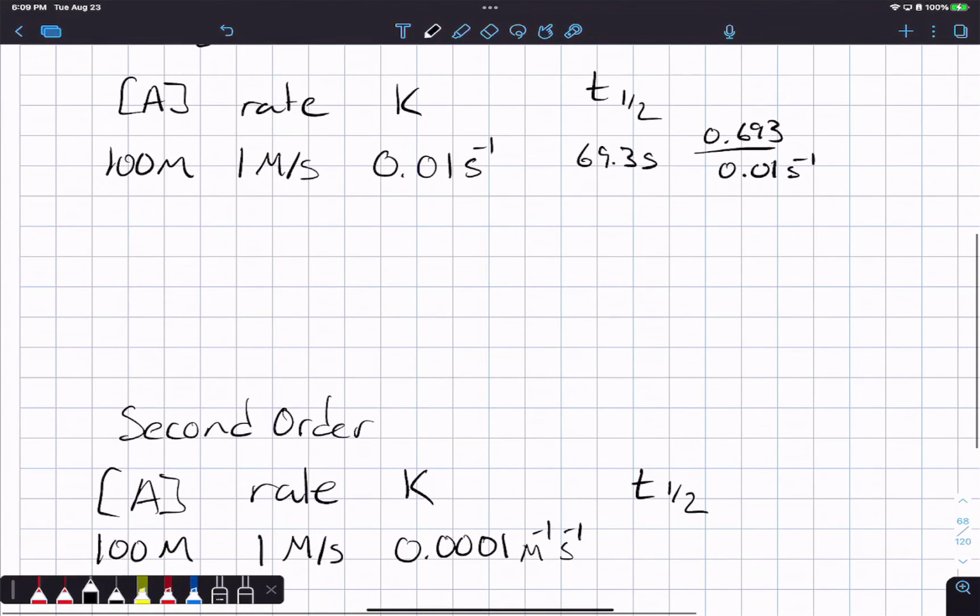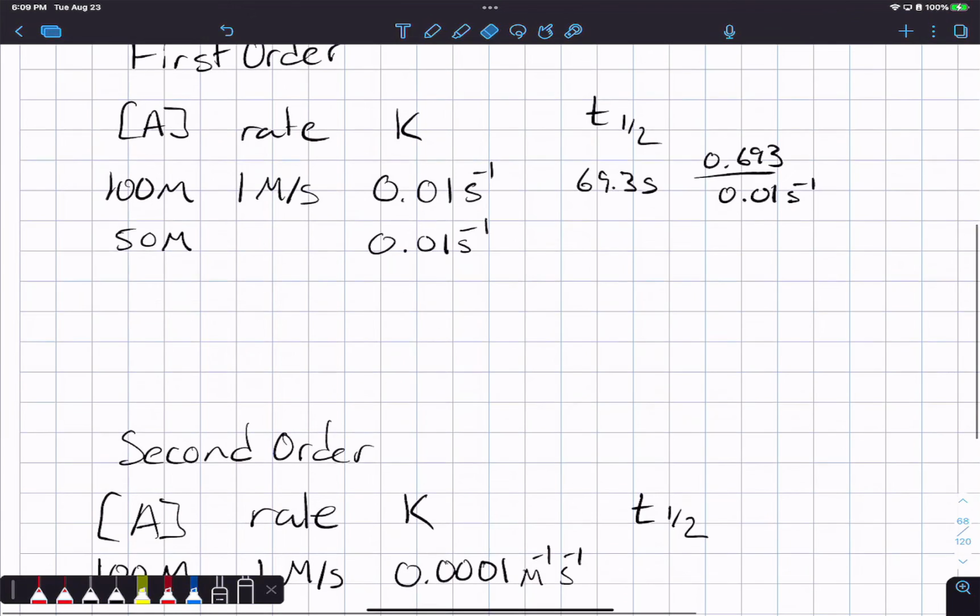So now we're down to 50 molar. Our K is 0.01 inverse seconds. But we need to calculate the rate now, right? Because for a first order reaction, our rate depends on the concentration.